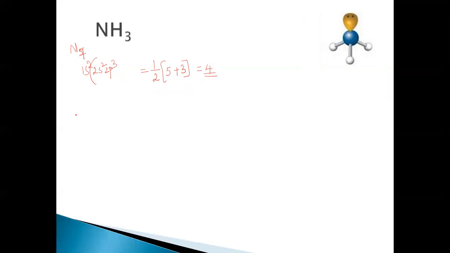So according to this, the geometry of the molecule will be tetrahedral. That means the arrangement will be like this, right? H, H, H. We know that out of these four, three are bond pairs and one is a lone pair of electrons, right? So this lone pair of electrons here is spaced like this.